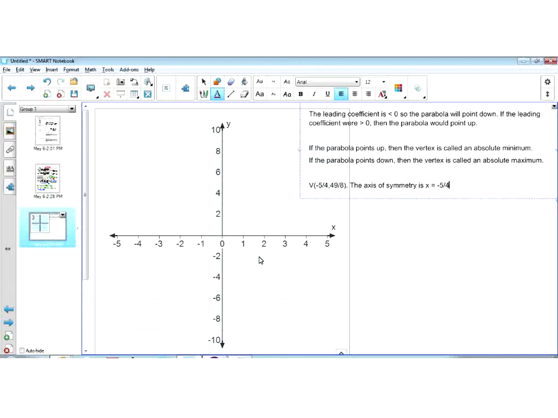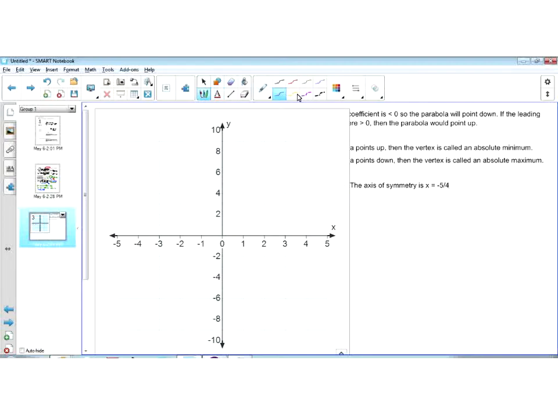We had two x-intercepts, one at (1/2, 0). What color do we want to use? Let's try green. There's an intercept, and the other one was at (-3, 0). And then we had a y-intercept at (0, 3), right? So there's our y-intercept. That looks kind of strange. Did I get that right? Let me check my intercepts.